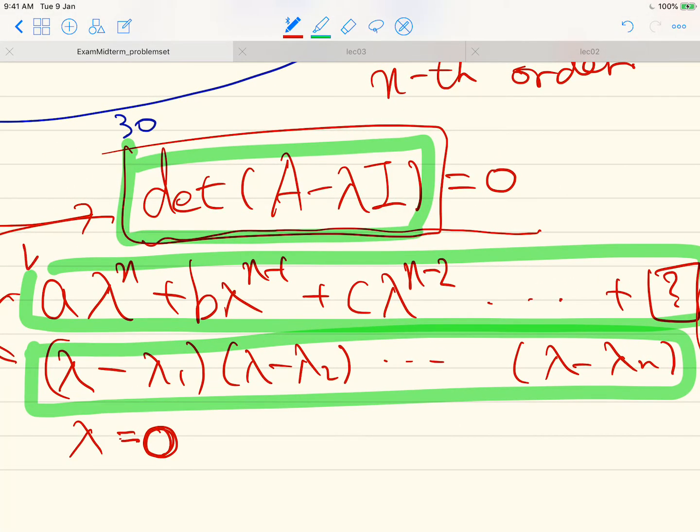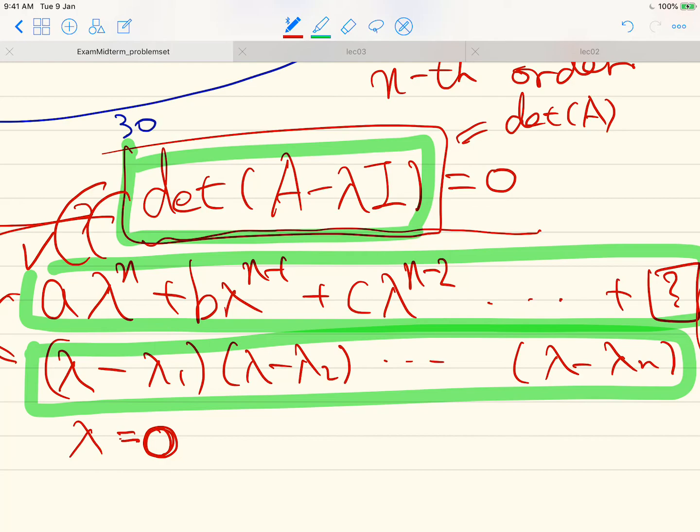And then we don't actually use the first one, but we actually use this guy, which is really the original form. If we plug lambda as 0, then what is that? It is the determinant of A, right?